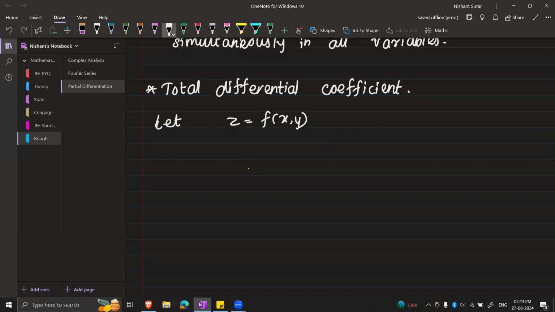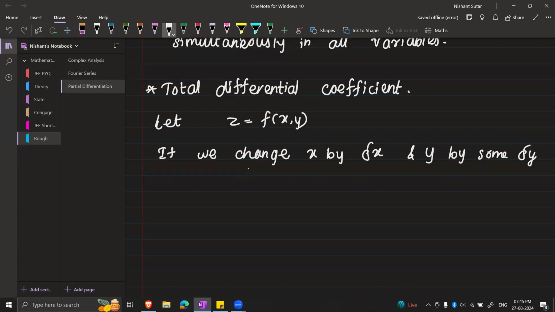If we change x by some delta x and y by some delta y, a small change in x and a small change in y, then there will be a small change in z also.